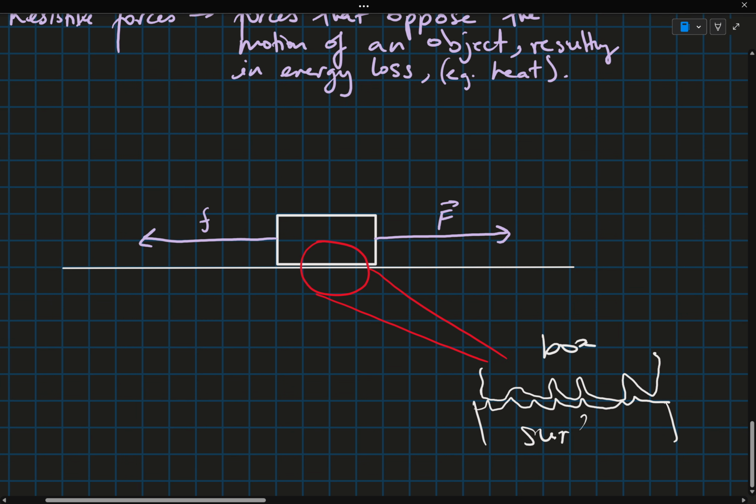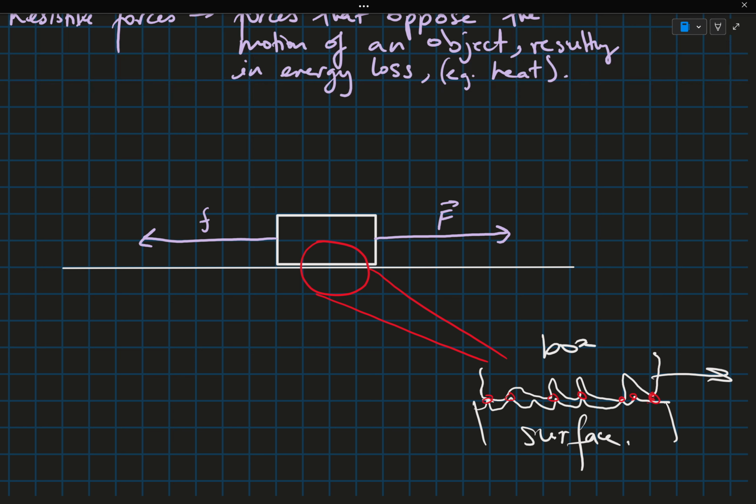As the box tries to move in this direction, the rubbing of these different sections of the box and the surface will cause some amount of heat to be lost due to some brushing movement. This is really what friction is: the rubbing of two objects that causes energy to be lost in the form of heat.